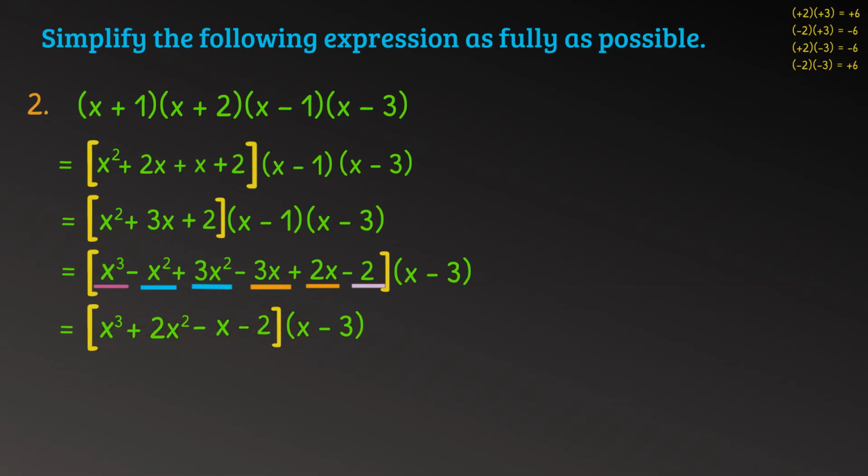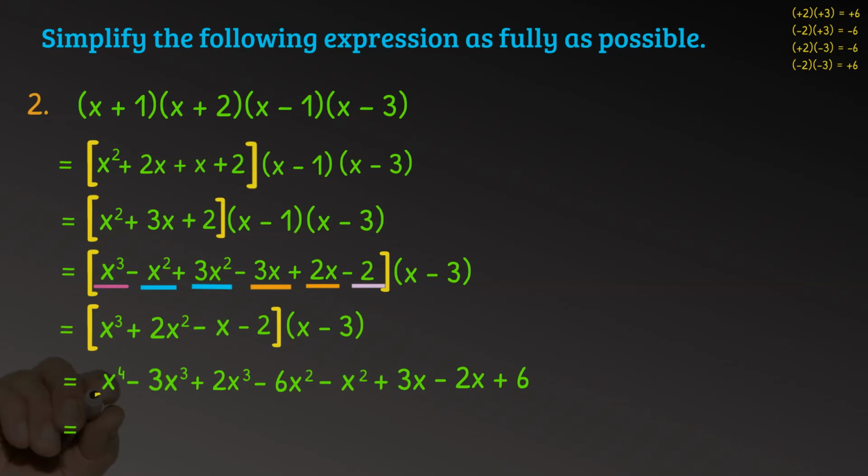Then we can times this bracket by the final bracket, which is x minus 3. And this gives us x to the power 4 minus 3x cubed plus 2x cubed minus 6x squared minus x squared plus 3x minus 2x plus 6. And lastly, we combine all the similar terms to give us the final answer.